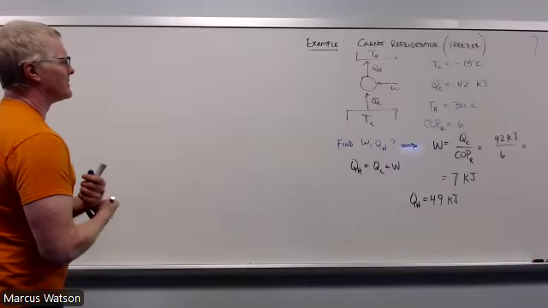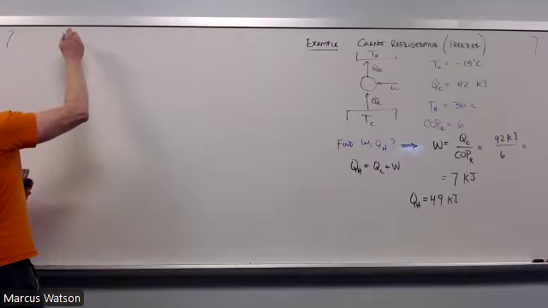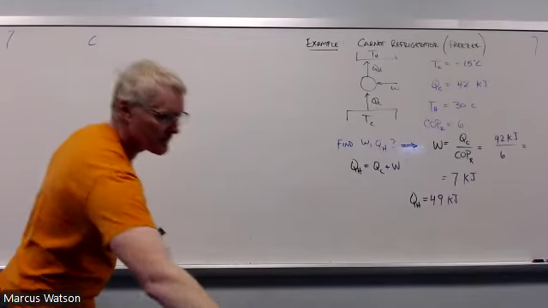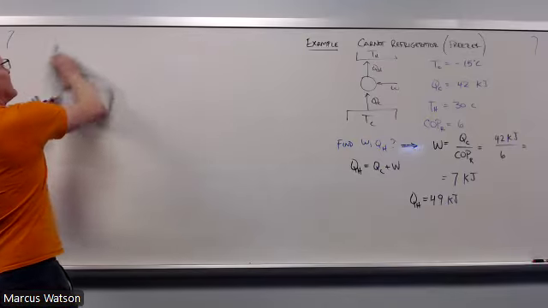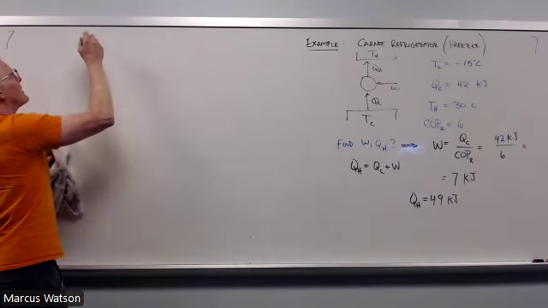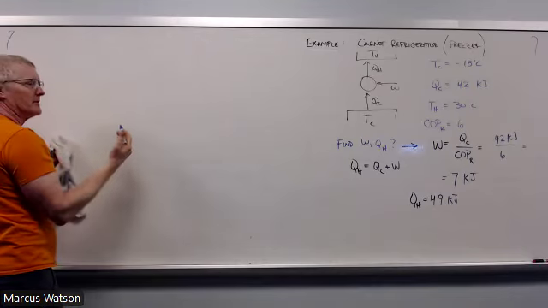Yeah, what was I gonna do? Let's take a look at a quick summary here. So this is gonna be, I don't want to do Carnot first though. I want to do, what is it?